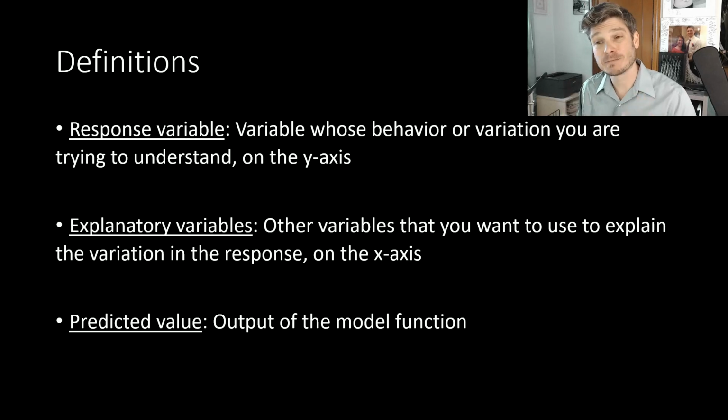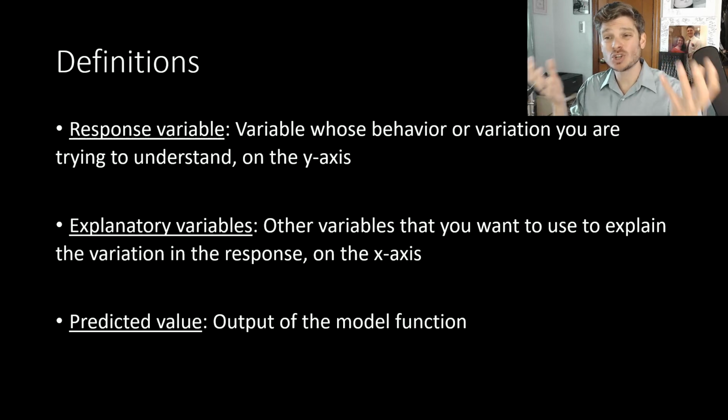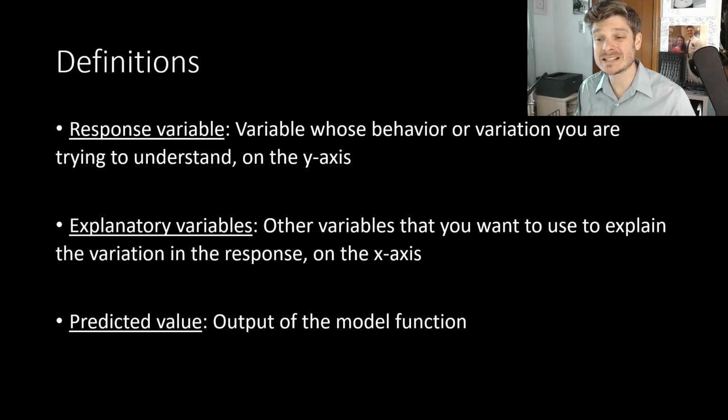Then we have our explanatory variables. Sometimes it's just one, and with a linear function, maybe it's just one variable, like the x variable. But it's the variables that we're trying to use to explain our response variable. Typically, if we're modeling, we put those along our x-axis. Those are our independent variables. If there is a relationship between two variables, remember, we can't necessarily claim that one causes the other in almost every case.